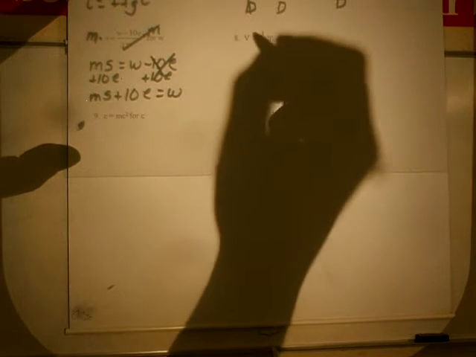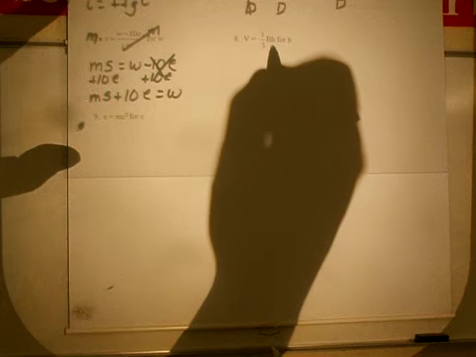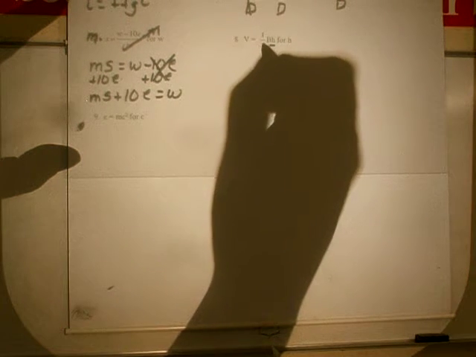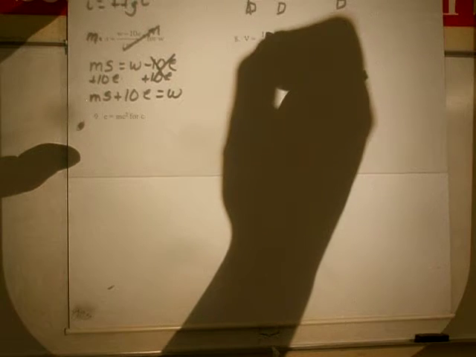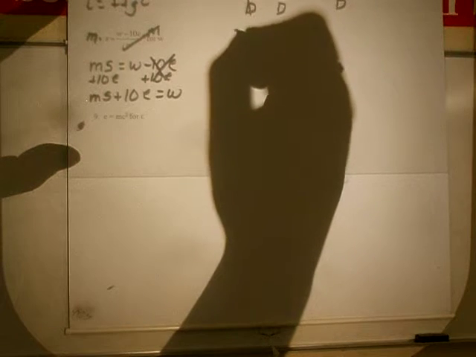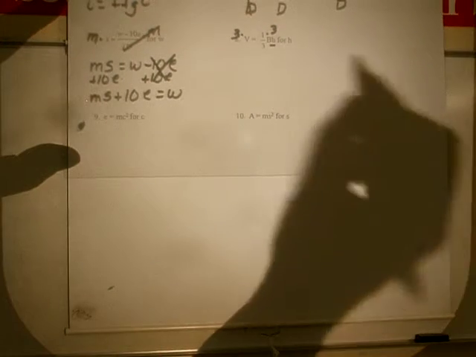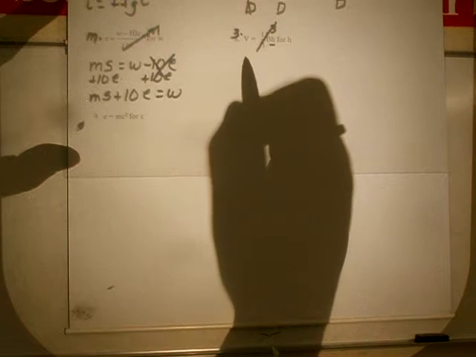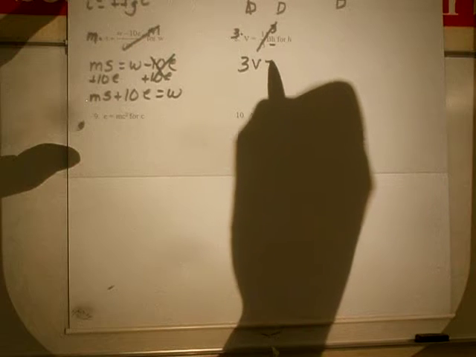Number 8, volume equals 1/3 area of the base times the height. V equals 1/3 b times h. We're solving for h. First thing we're going to do is get rid of this 1/3. So we will multiply both sides by 3. Those cancel. On the left-hand side, we have 3v.